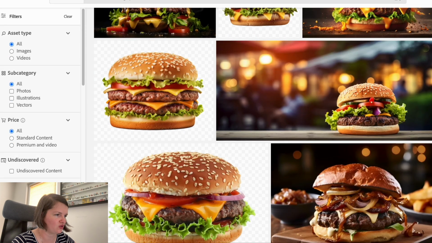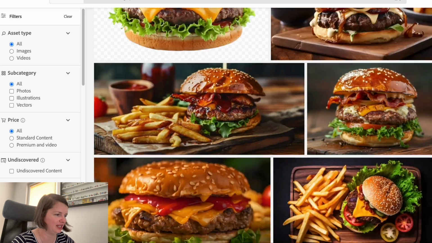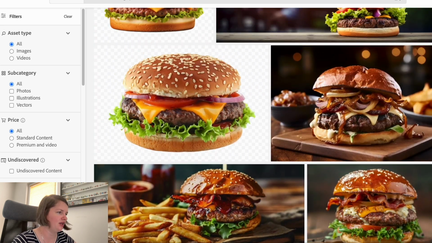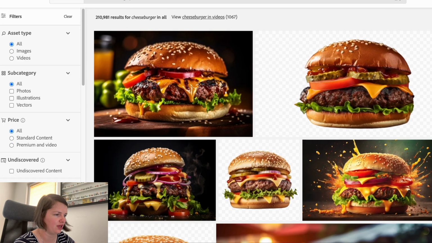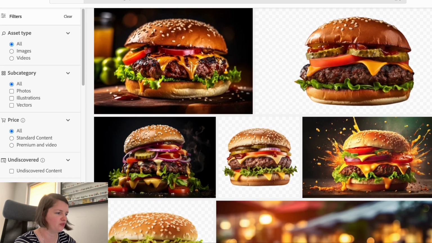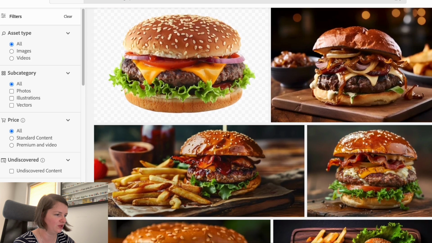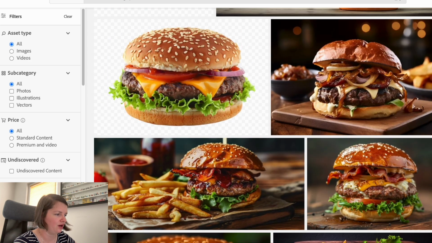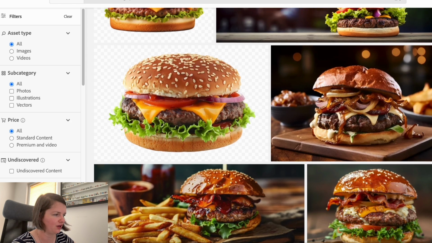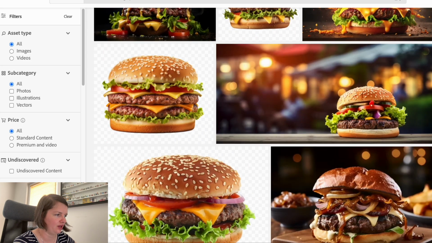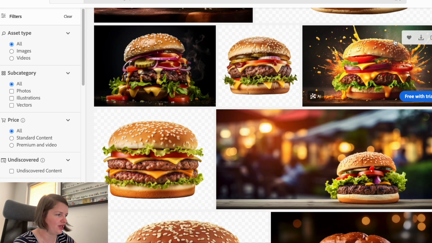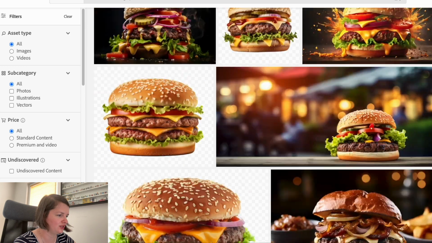And you can trust me that there is plenty of non-AI, and you can see how they're created, that they're usually not placed on a grill, but that there is a shot of it as a whole meal, or you can have an isolated one, some more creative one with the splashes and stuff like that.